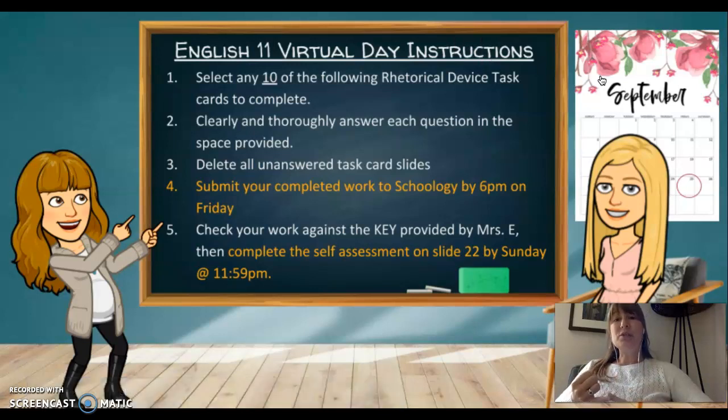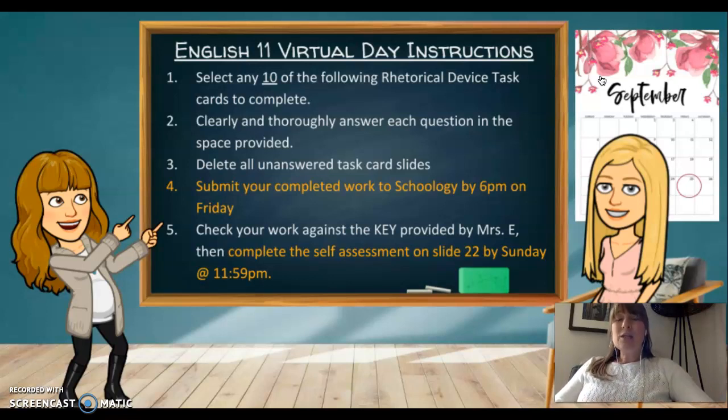You're going to select any 10 of the following rhetorical device task cards to complete. There are 20 in total. So of that 20, you get to pick the 10 that you feel most compelled to, most interested in, or simply maybe most comfortable with.